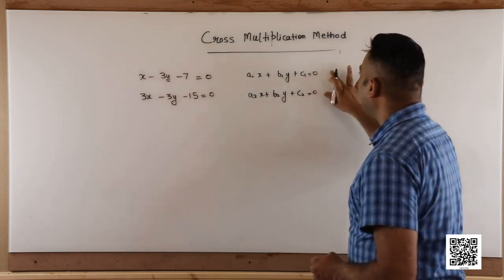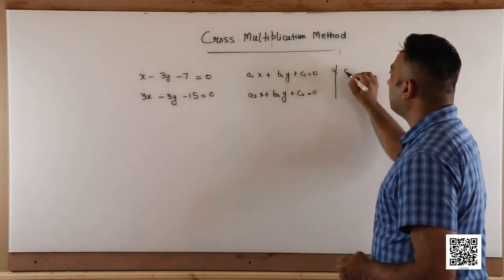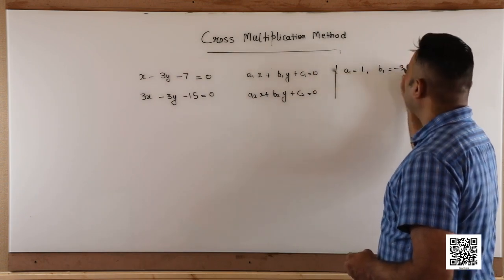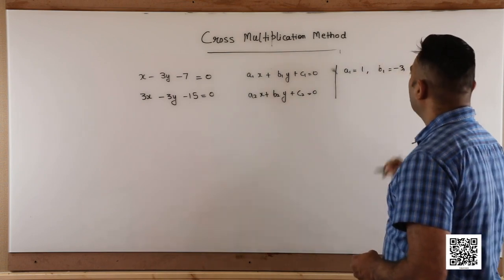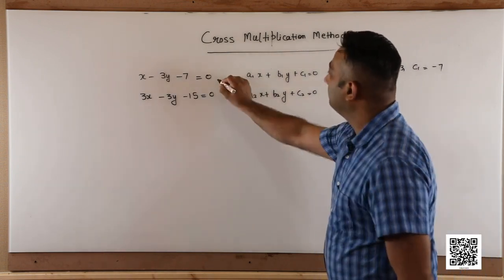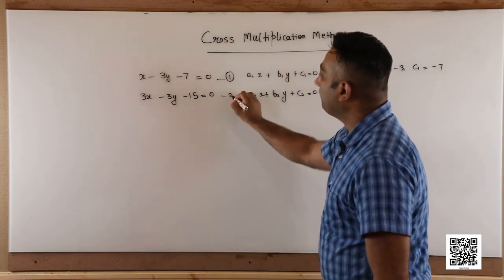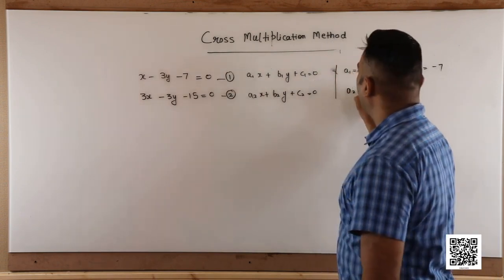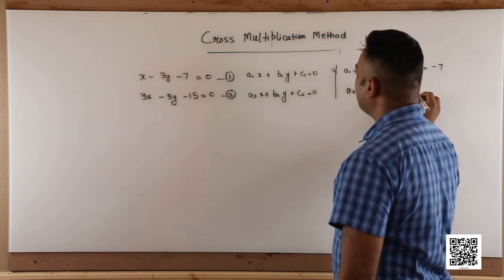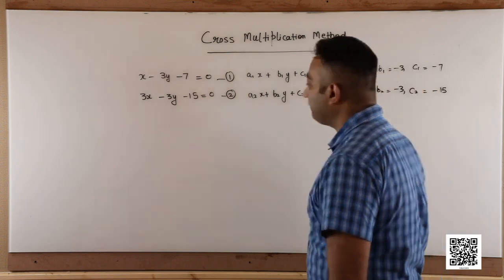We can say that a1 is equal to 1, b1 is equal to minus 3 and c1 equal to minus 7. Comparing the second equation with the standard form, we get a2 equal to 3, b2 equal to minus 3 and c2 equal to minus 15.